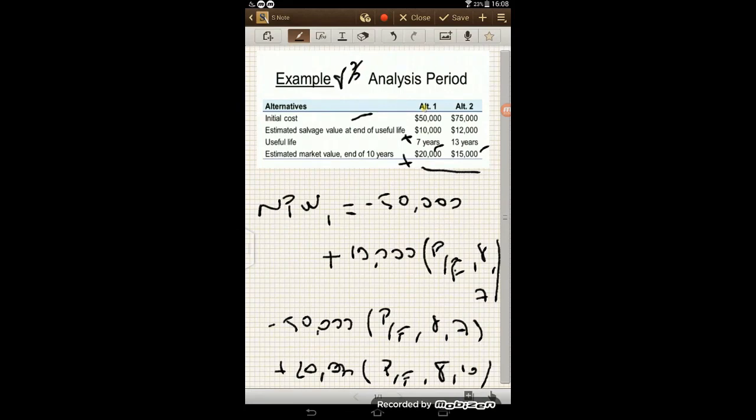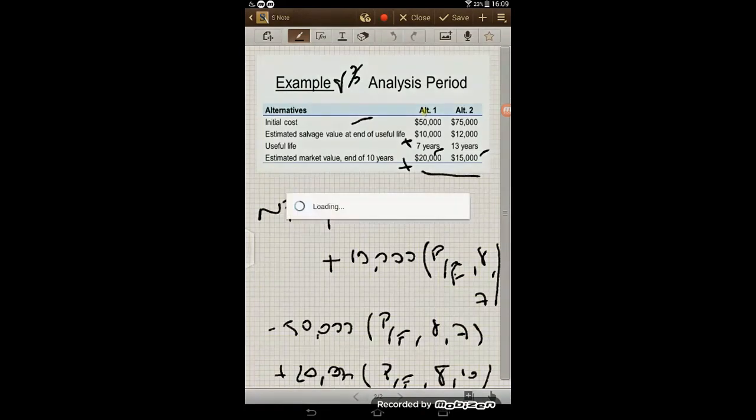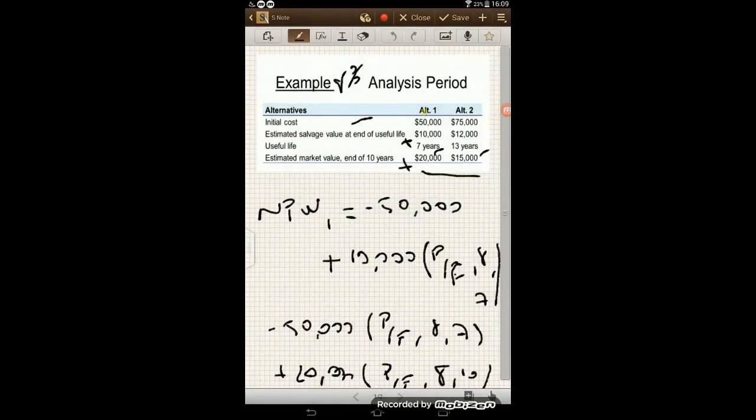So let's go to the other page. The net present worth of the first one is going to be minus 50,000. These two are mutual, so it's plus and minus, so it's going to be minus 40,000, let's say.